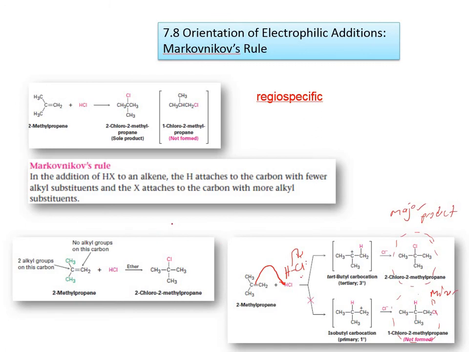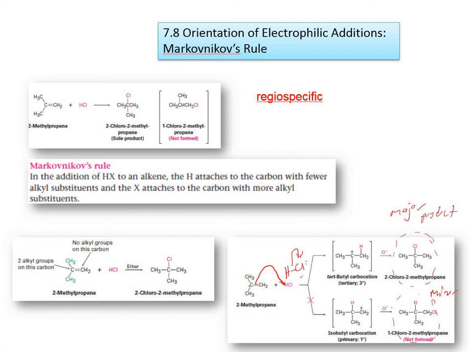Before learning why this happens, we have to learn a rule, which is Markovnikov's rule. According to this rule, when we add an acid like HCl or HBr to an alkene, the hydrogen, this one, attaches itself to the carbon with fewer alkyl substituents.